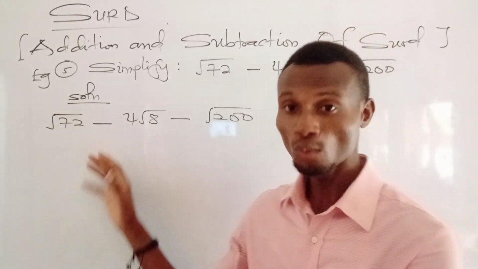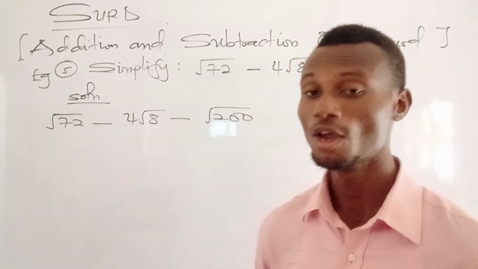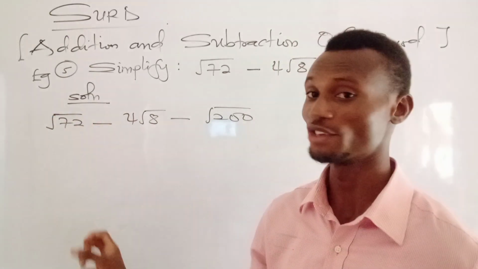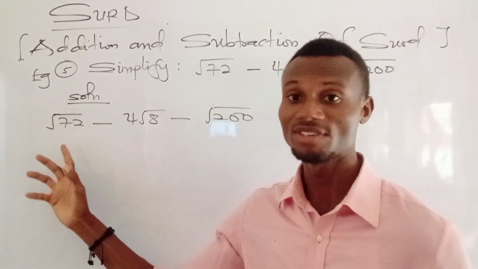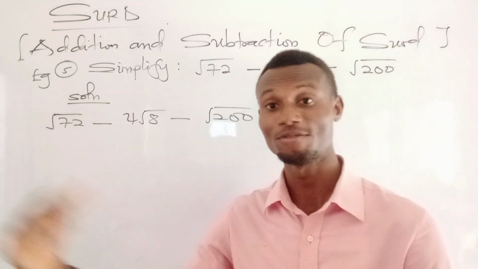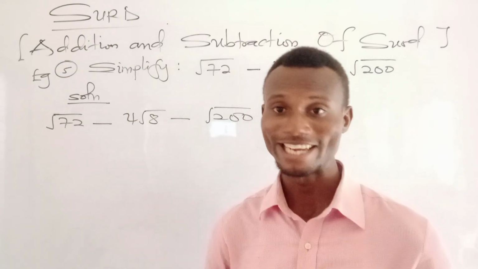So what we are going to do is simplify each term in the question. When we take the square root of 72, we are going to simplify it. I've taught you simplification of surds in the previous video, so we are going to apply that knowledge here.